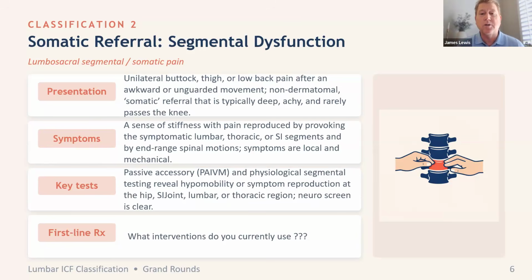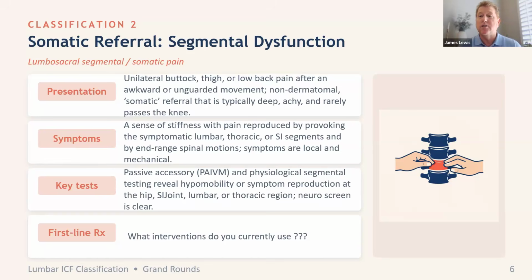And so some of the things we can use to help categorize this person might be our PIVMs or our UPAs, CPAs. We might be able to get a little bit of reproduction with active range, passive range, and also screening the joints above and below, and making sure that the neuro screen is clear.